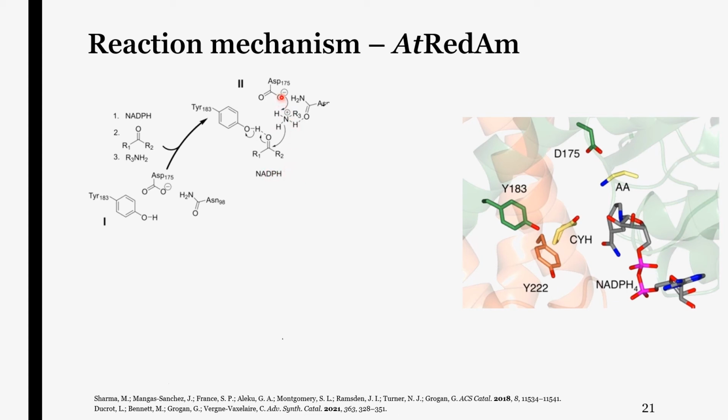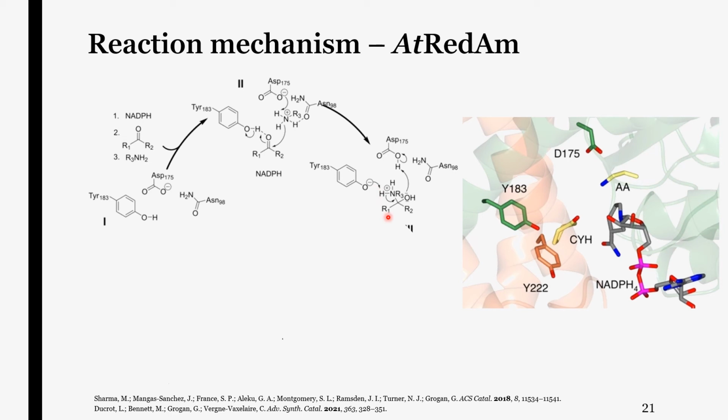And then the aspartate is deprotonating the amine, which is then getting more nucleophilic to attack the carbonyl carbon here. And this is stabilized by a tyrosine, leading to the hemiaminal intermediate, which is formed in this step.